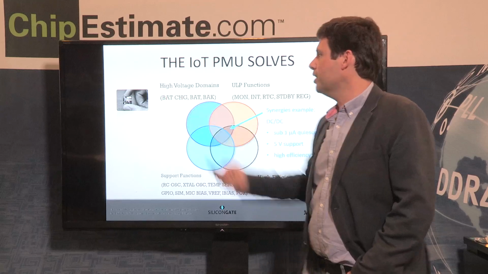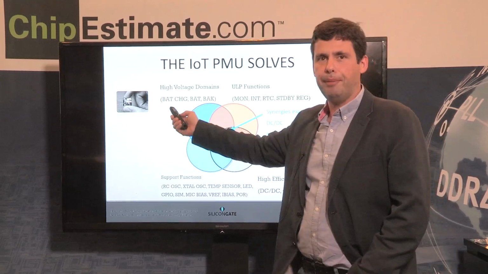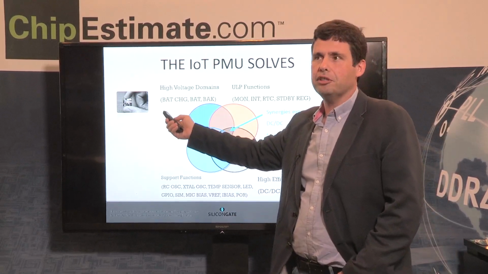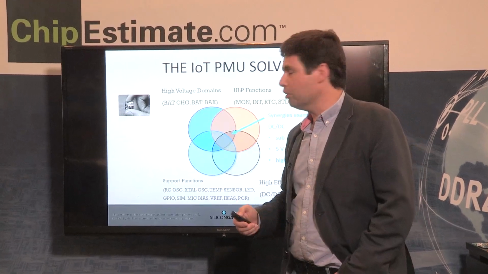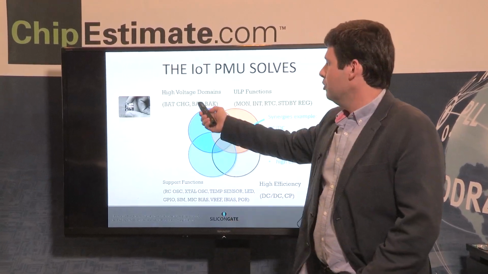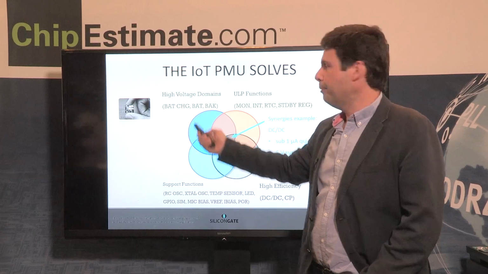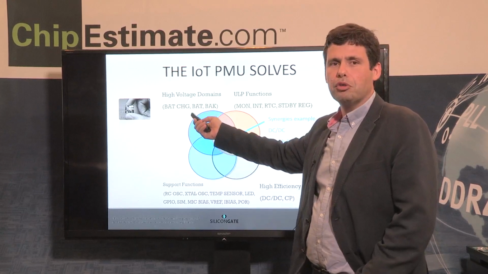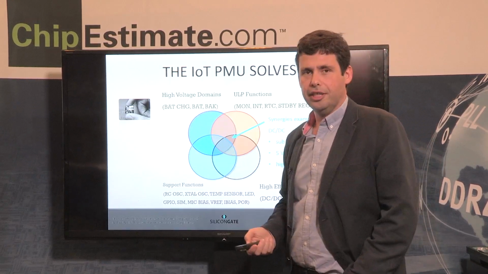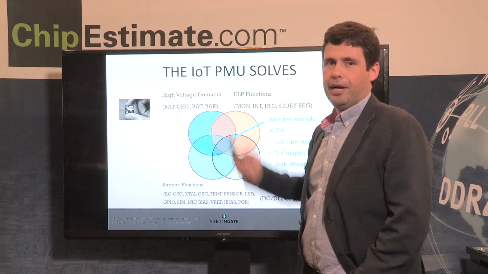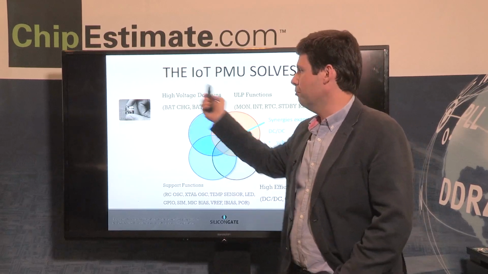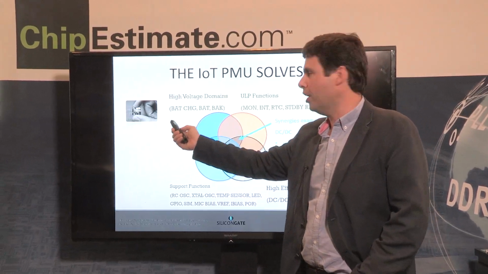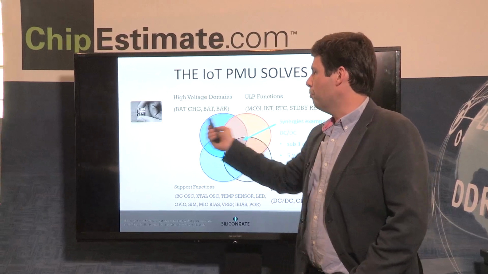These high voltage domains have to do with the fact that you need to charge the battery. That's usually 5 volt, and you need to support 6 volt compliance or even higher than that. You need the battery support, and the battery is up to 4.2 or even 4.5 when you're charging it. And you have the backup battery. Also, all these are high voltage domains, and you need specific devices to be able to comply with these.